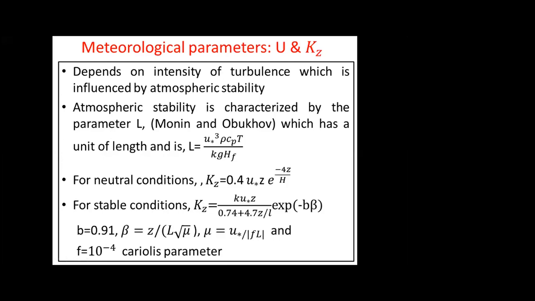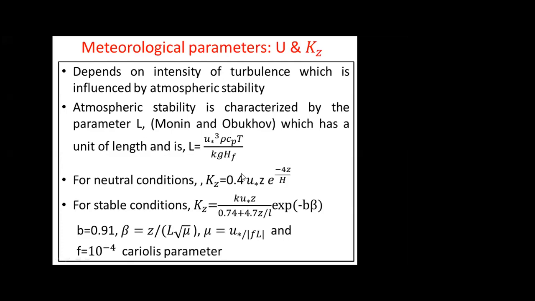What we have discussed, there are two basic meteorological parameters. One is the wind speed, that is the mean wind speed, and another is the turbulent diffusion. Interestingly, the atmospheric stability is characterized by the length given by this equation, and for neutral and stable conditions, the profile for turbulence is given by this.